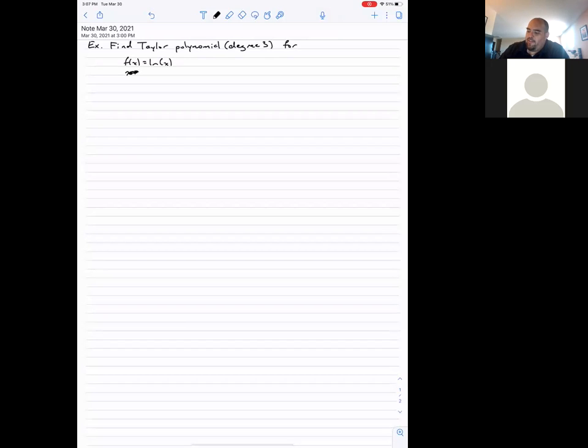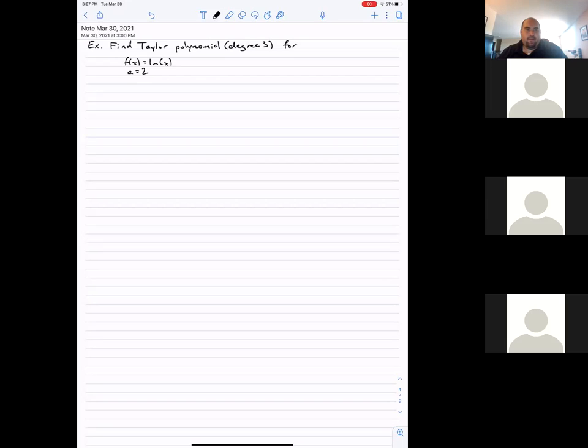Or I guess he's calling it a, whatever, the center point is equal to 2. So let's just build this up. I want to find this Taylor polynomial, that should be a 3.